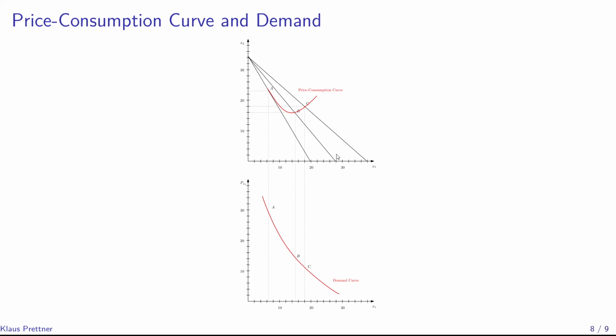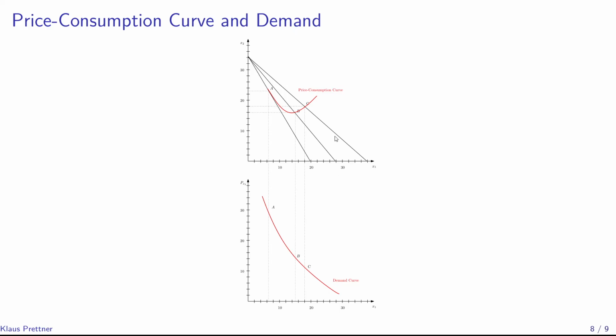What we see here is that we can use the price consumption curve to construct this demand function, because here we have the price of good 1. So in this case, it is high, and the consumption level of good 1 is comparatively low. Now if the price decreases and we move to point B, we consume more of the good and the price is lower.